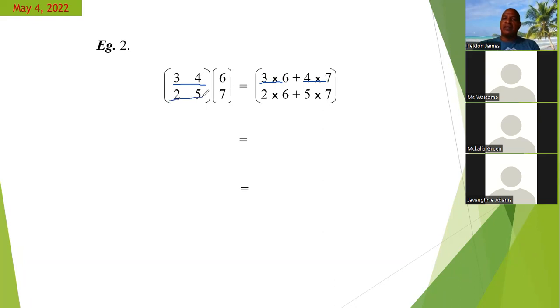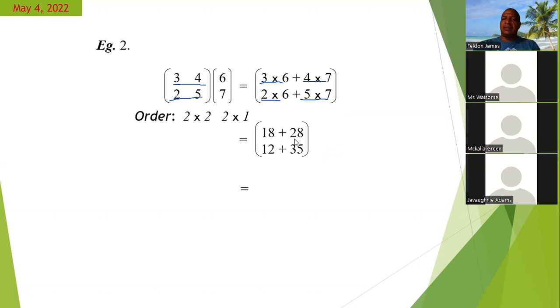Then we use the second row with the same column. 2 times 6, we get this, and 5 times 7, we get this. And then now we simply simplify the values. So we get 3 6s 18, 4 7s 28 at the top, 2 6s 12, and 5 7s 35 below.